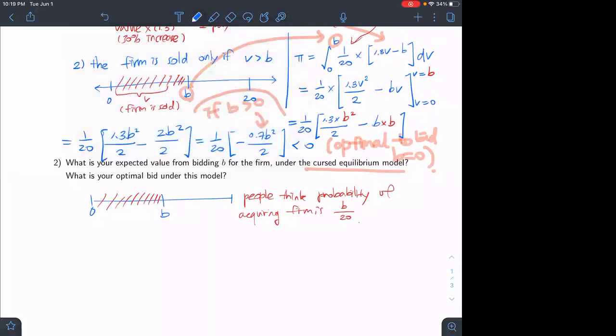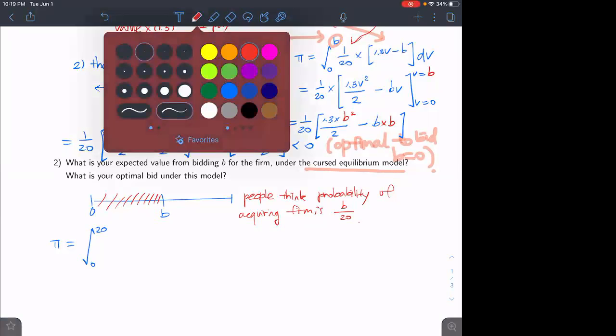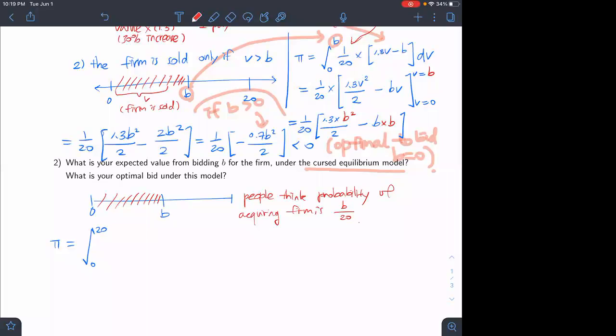So they think that their expected revenue goes from 0 to 20. It's not going from 0 to B. They think that I can acquire the firm in any case, or this probability is fixed to B over 20.